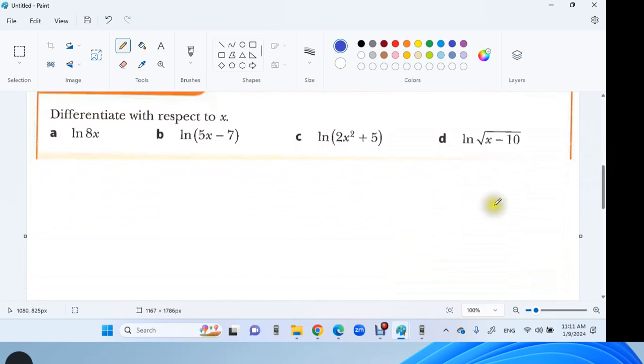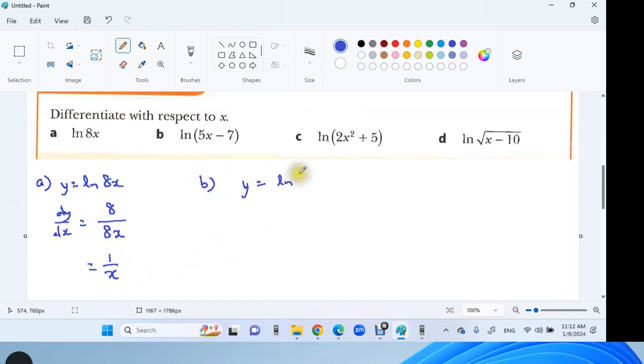Okay, so for this one, a, we have y equal to ln 8x, then the dy dx will become 1 over 8x, and then we differentiate the 8x will be 8, then it will become 1 over x. And for b, we have y equal to ln of 5x minus 7.